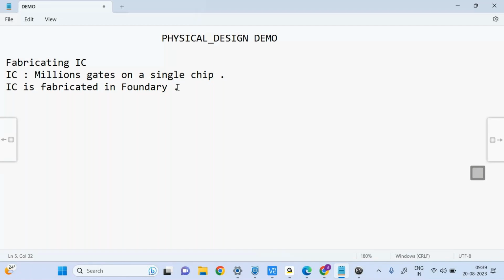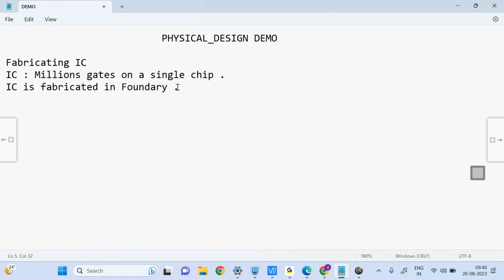In a foundry, more than knowledge of electronics, you should have knowledge of chemical reactions. Wherever electronics engineers are present, they don't have much role in the foundry.